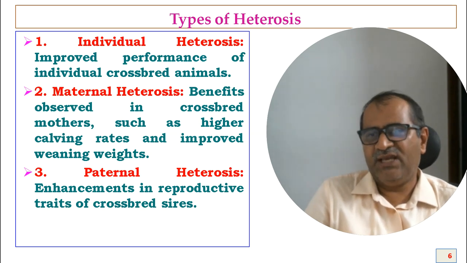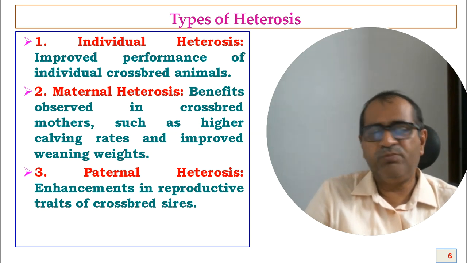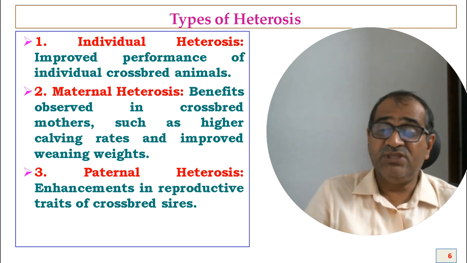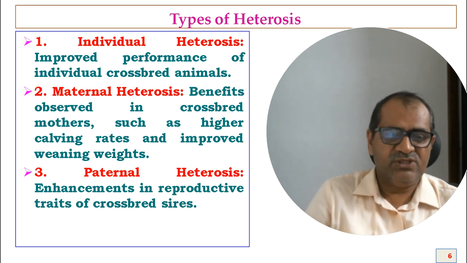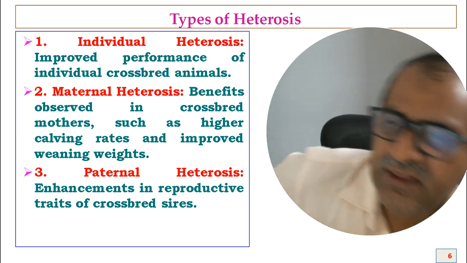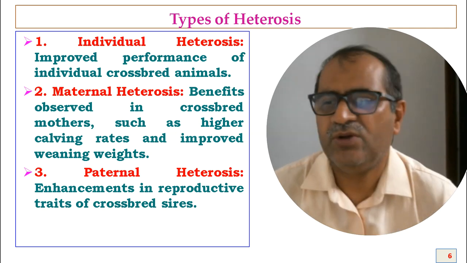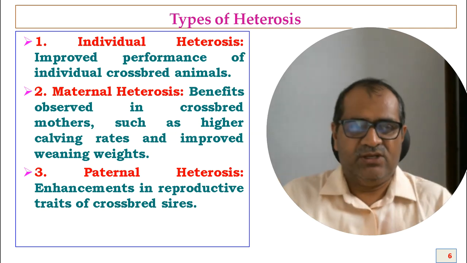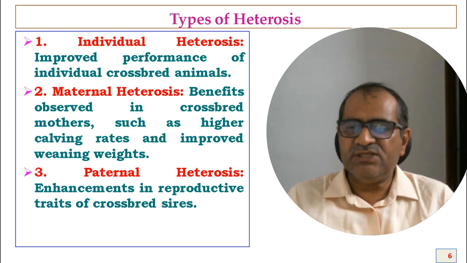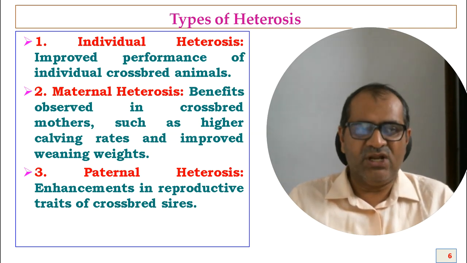This is a little bit different from individual heterosis, wherein the improved performance of the individual crossbred animals is seen as one of the criteria. The maternal heterosis is the benefit observed in the crossbred mothers, not the offspring, such as higher calving rates and improved weaning weights, etc.